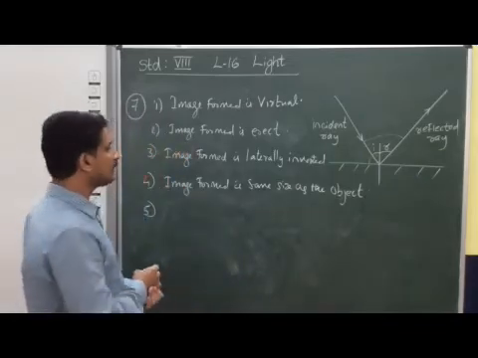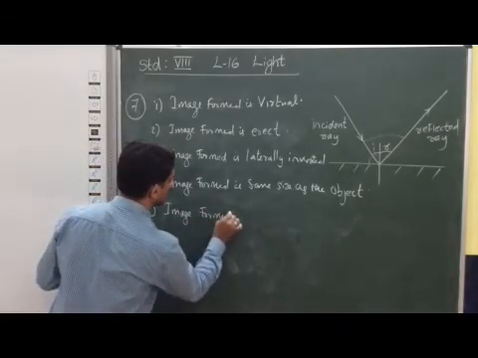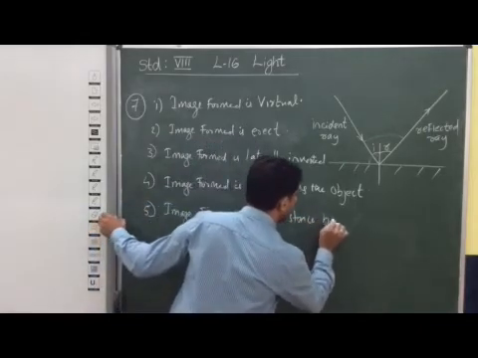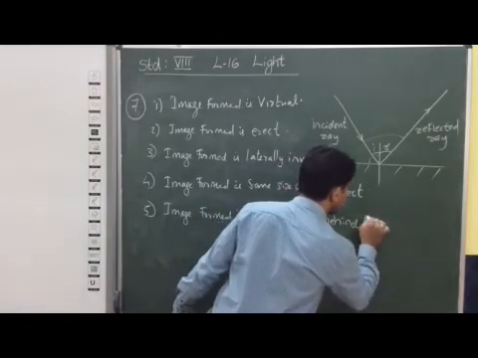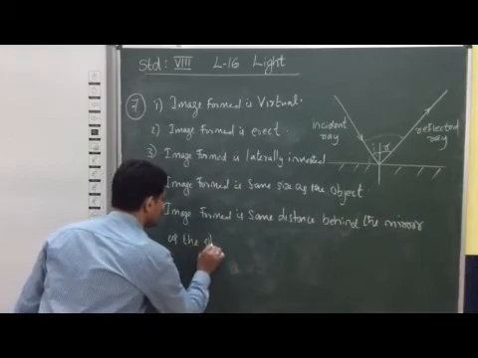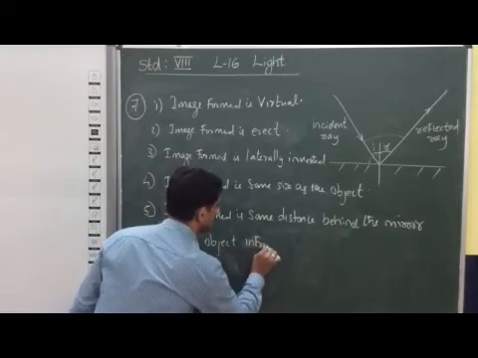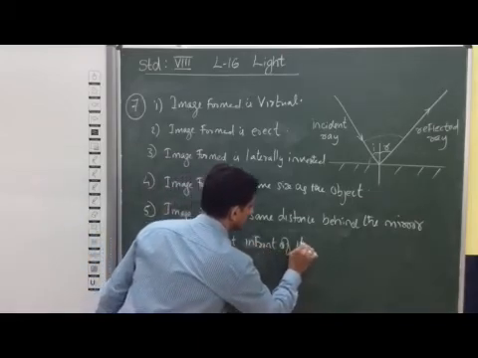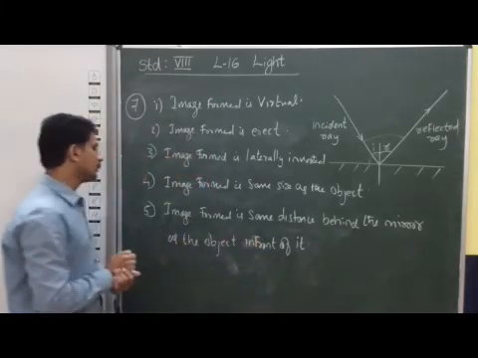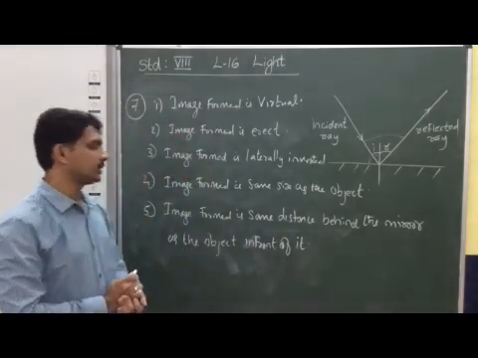So this is the way we can say the fifth property: the image formed is the same distance behind the mirror as the object in front of it.